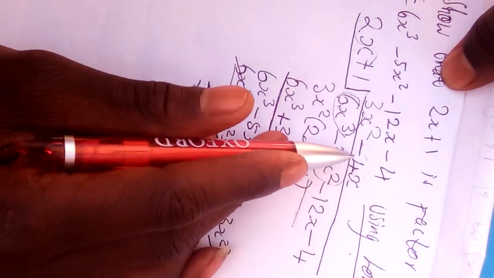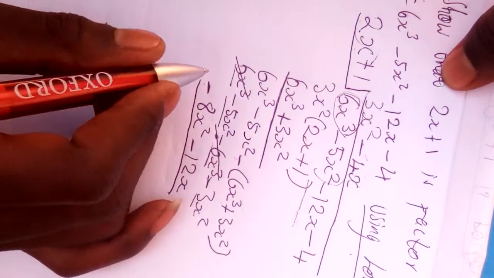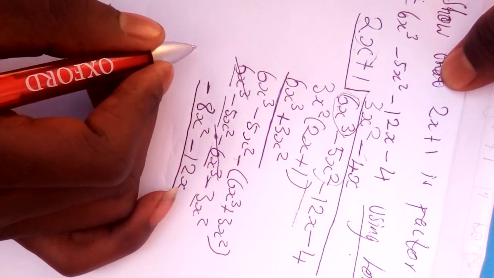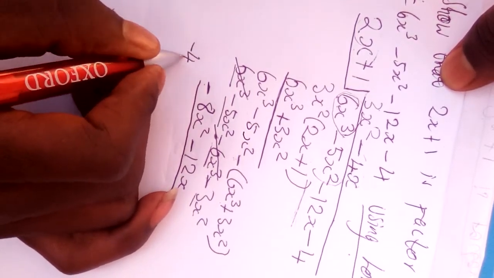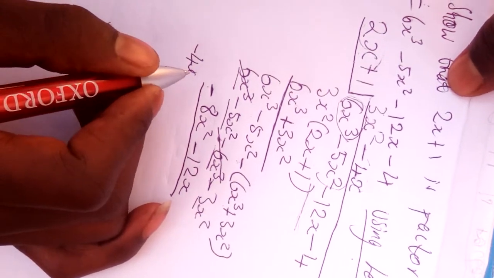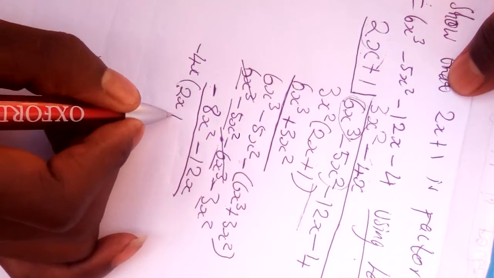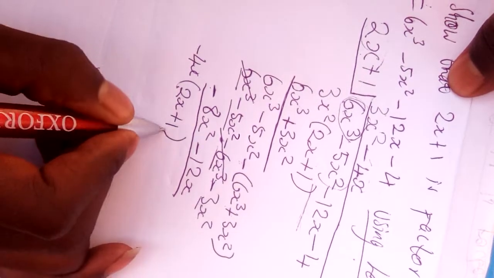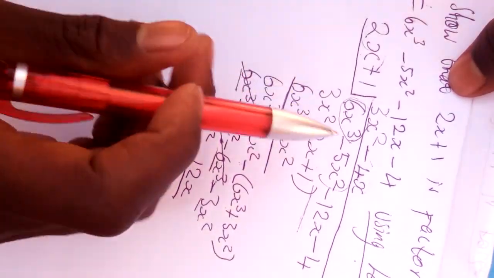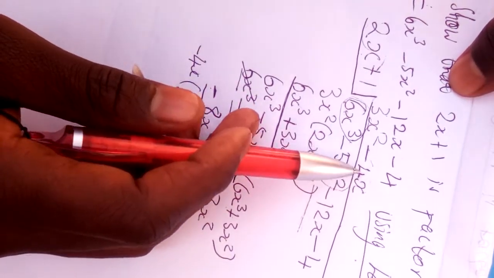We are going to multiply this by this number. So we are going to say negative 4x into 2x plus 1. Why do we multiply this number by this number?